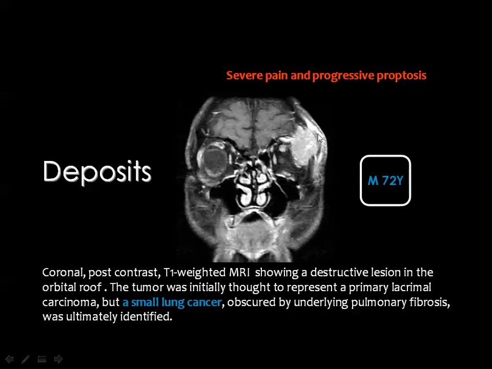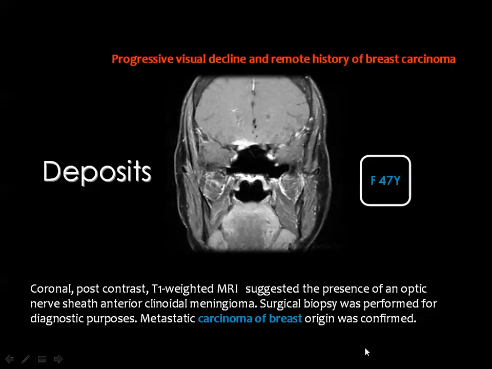The MRI showed a destructive lesion in the lateral aspect of the orbital roof as well as the adjacent part of the frontal bone. Then they thought that this lesion is a primary lacrimal gland carcinoma, and after surgery they found that this tumor is a metastatic deposit from a small lung cancer that was obscured by pulmonary fibrosis.